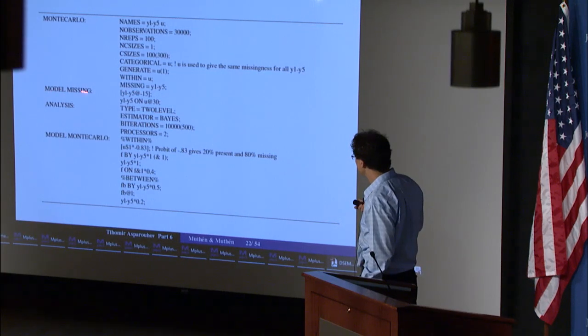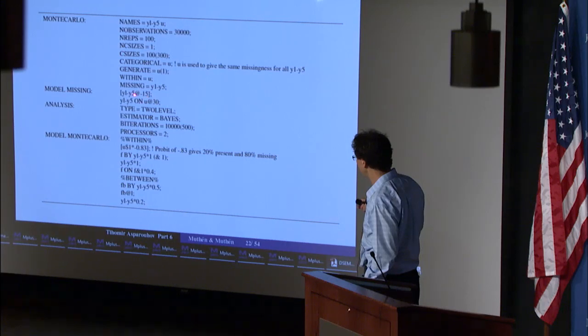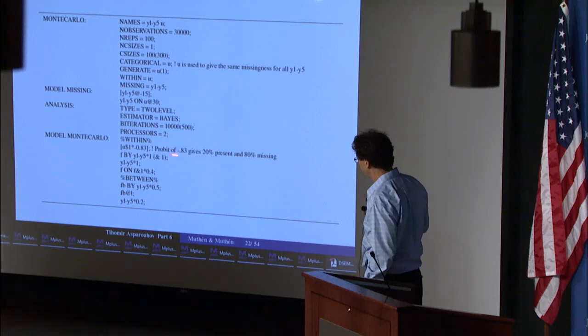The model missing statement tells Mplus how to generate the missing data, and it's based on a logistic regression. We introduce a within-level binary variable in the model that's unrelated to anything else in the model, and it's just there for generating the missing data.